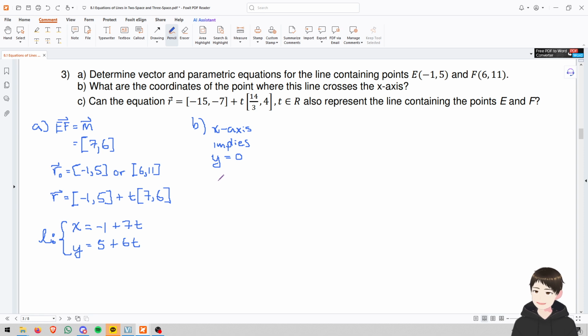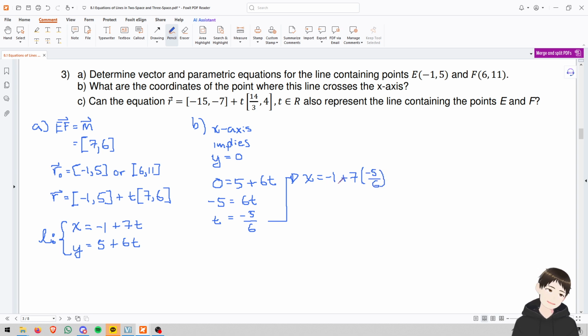Okay, so once again, 0 is equal to, this is the y value, 5 plus 6t. Subtract 5 from both sides, which gives you a t value of negative 5 over 6. Great. If that's the case, it should carry over into the other part of the parametric equation. I know the numbers aren't pretty, but deal with it. You'll be fine.